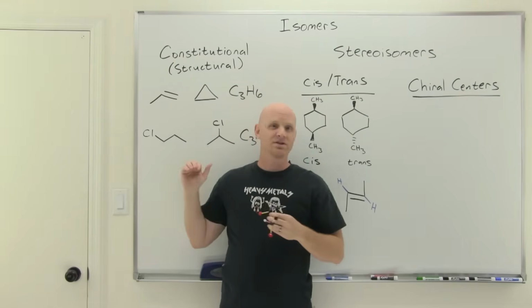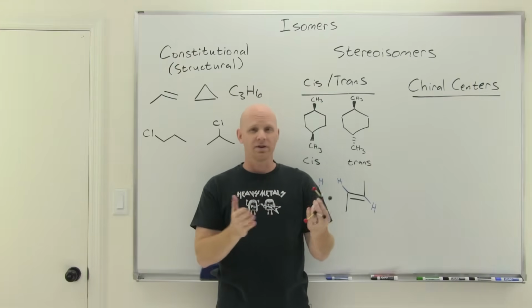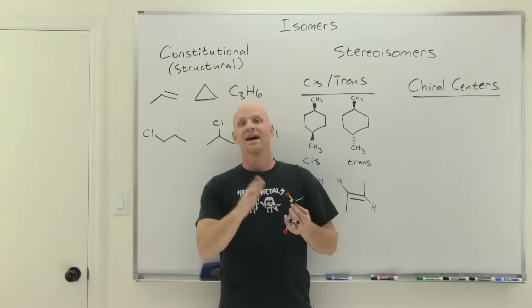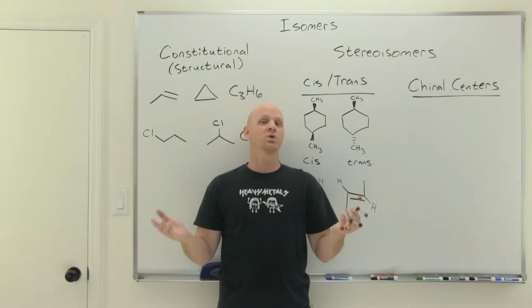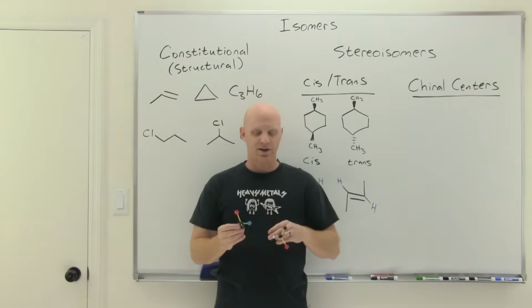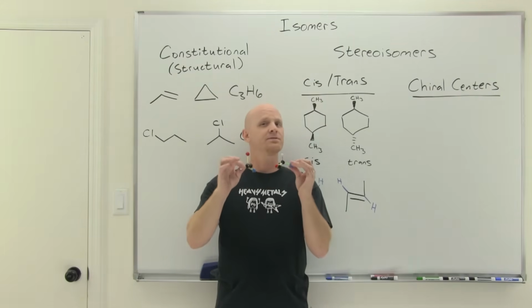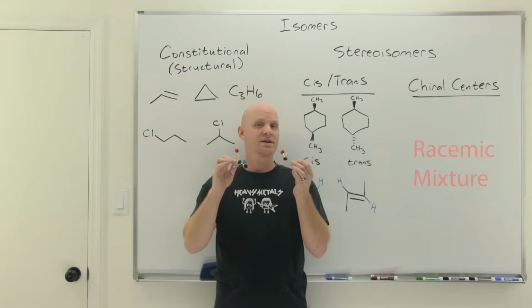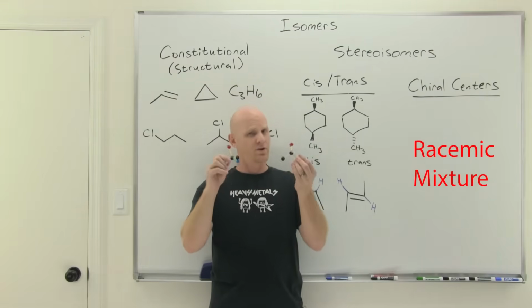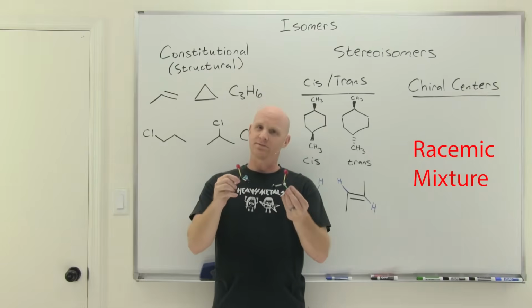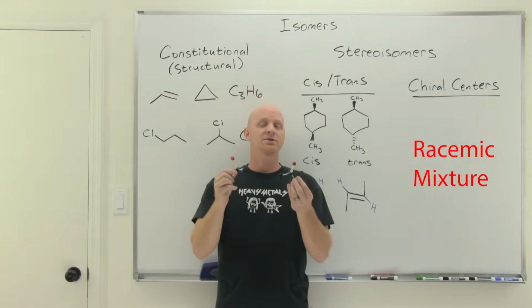So on average, the light's going to encounter an equal number of molecules as it makes its way through the solution, and therefore, on average, not get rotated at all. They give a special name to a solution that's got a 50-50 mixture of enantiomers, and that is a racemic mixture.